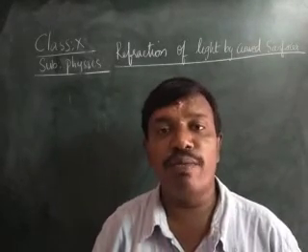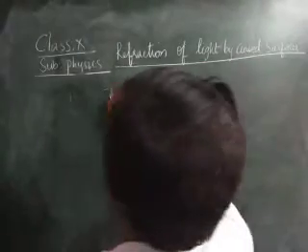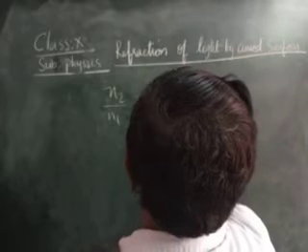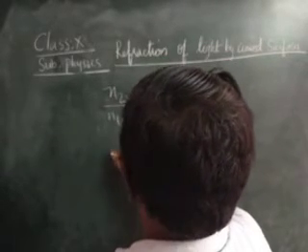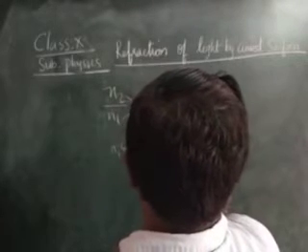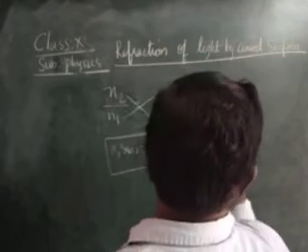That is, n2 by n1 is equal to sin i by sin r, or when we write them, n1 sin i is equal to n2 sin r. This is also called Snell's law.